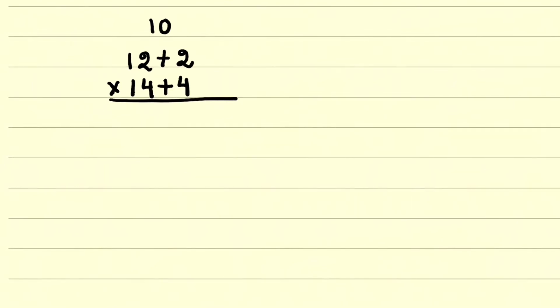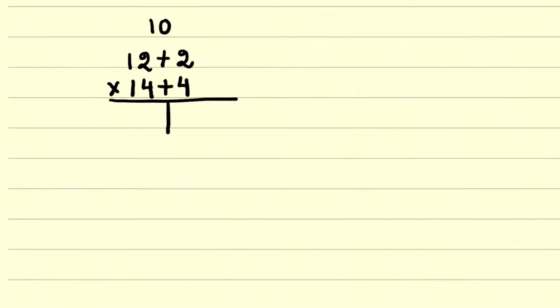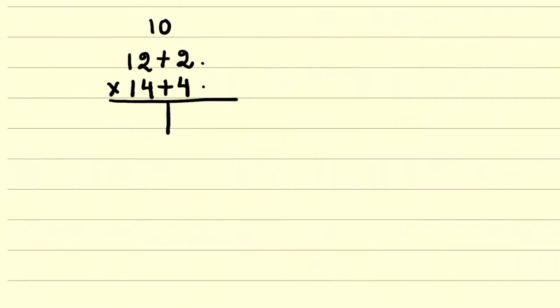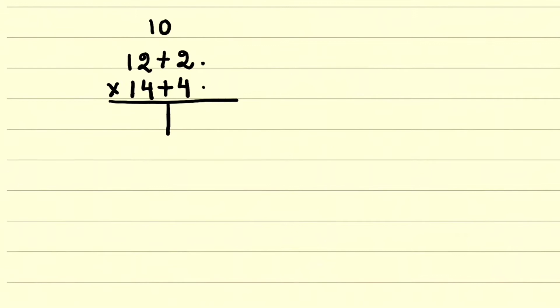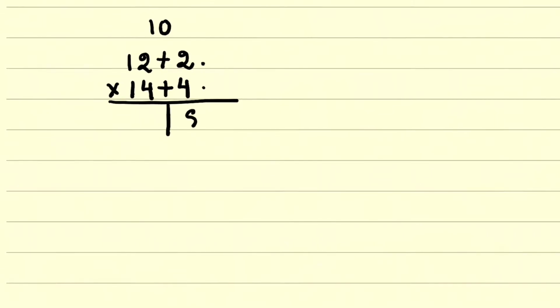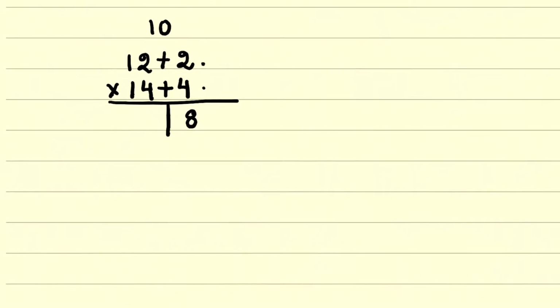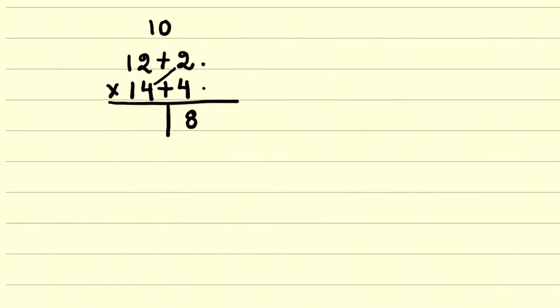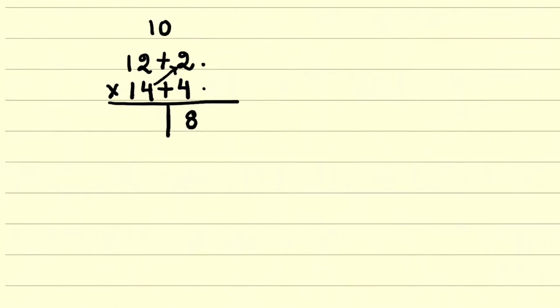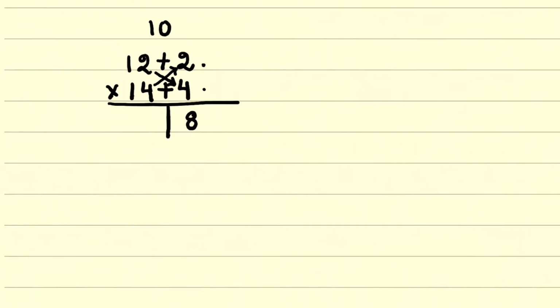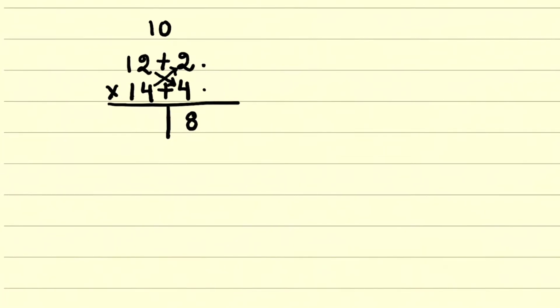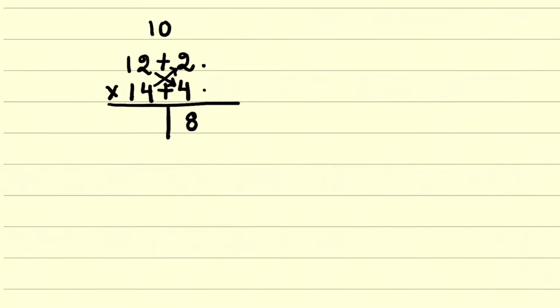Now what we have to do is multiply these two excess numbers with each other. So 4 multiplied by 2 is 8. And for this side we have to do cross addition. Either we add 4 to 12 or we add 2 to 14.